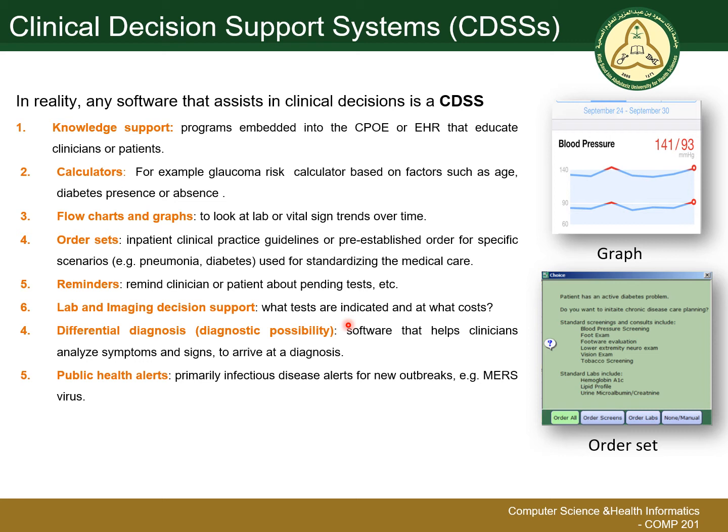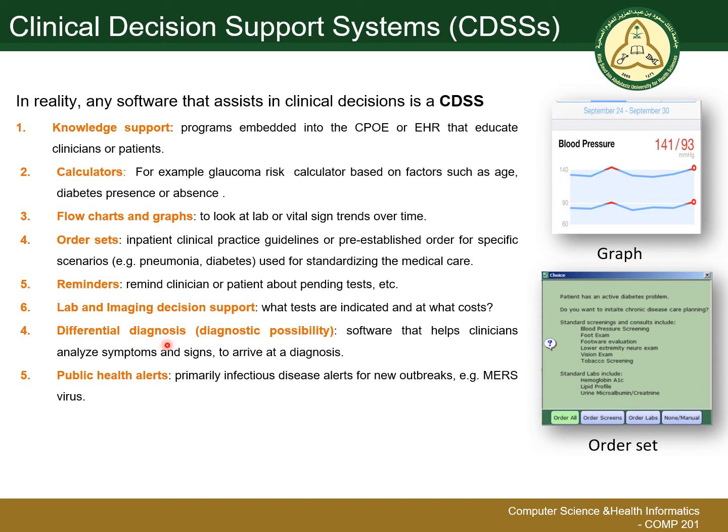So the physicians here, particularly those in training, sometimes order imaging studies that are either incorrect or unnecessary. For that reason, several institutions integrate and implement the lab and imaging decision support to try to improve the ordering of radiology and lab tests.